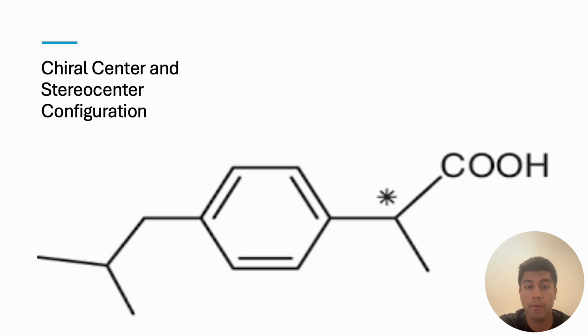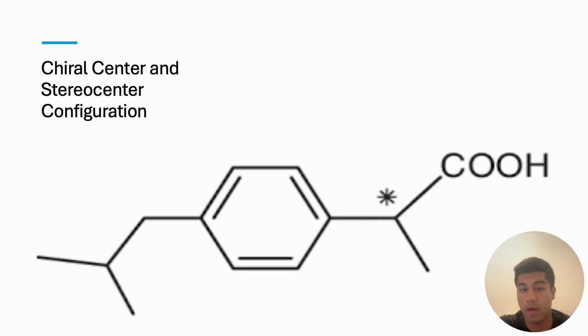Jumping into the chiral center and the stereocenter configuration. The chiral center is located at the alpha carbon, indicated by the little asterisk on the picture, which is directly next to the carboxylic acid group. This carbon is attached to 4 different substituents: a hydrogen, a methyl group, the aromatic ring with the isobutyl chain, and the carboxylic acid group.